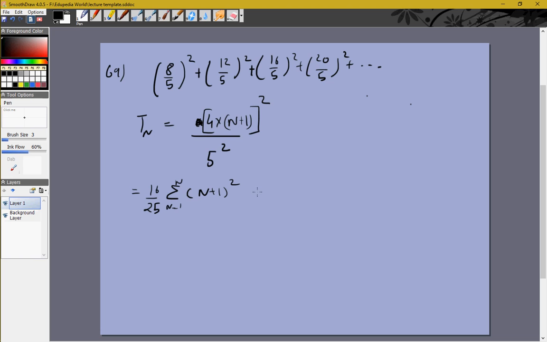So this is the answer, and we can just write this as 16 by 25 times the sum n is equal to 1 to 10 of n squared plus 2n plus 1.